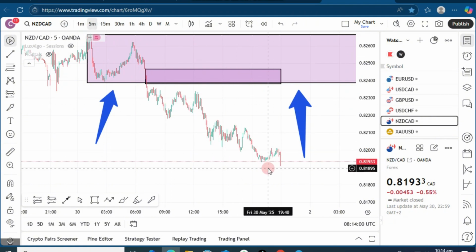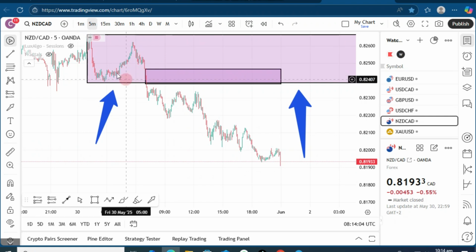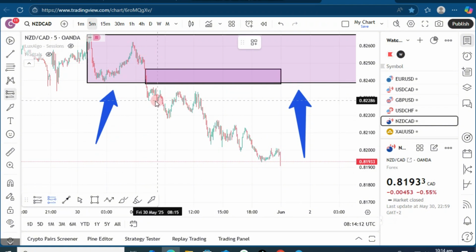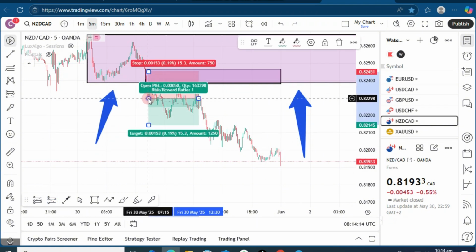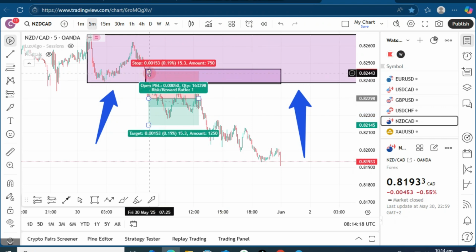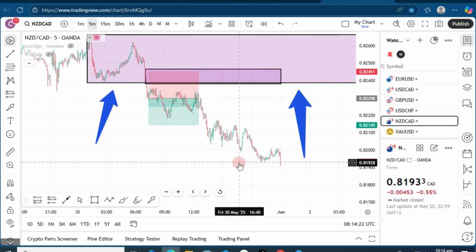Now the key thing is, let me say I'm going to place a trade over here. Let me make an example. Let's say I place my trade around this area. I'm just going to mark it like this. Our risk to reward ratio should be at least 2. So we're going to make our risk to reward ratio 2.